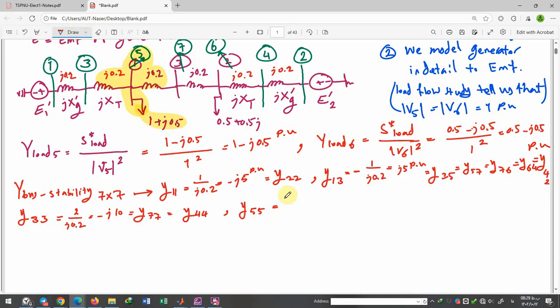It is equal to 2 times of j0.2 inverse plus Y load number 5. That is minus j10 plus Y load, which is 1 minus j5 per unit. It is equal to 1 minus j10.5 per unit.